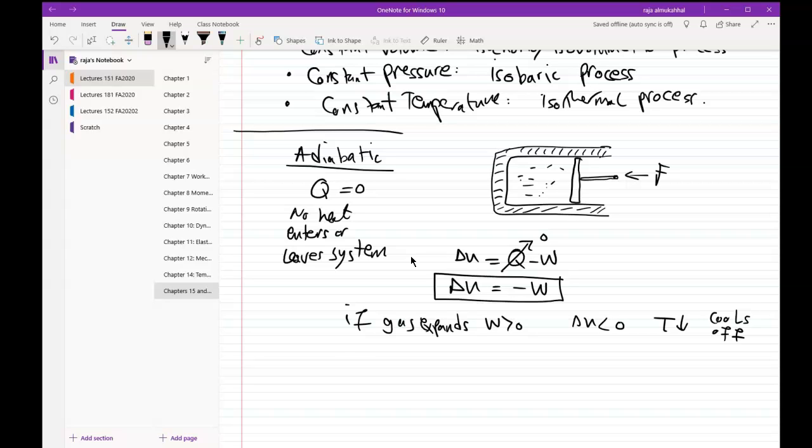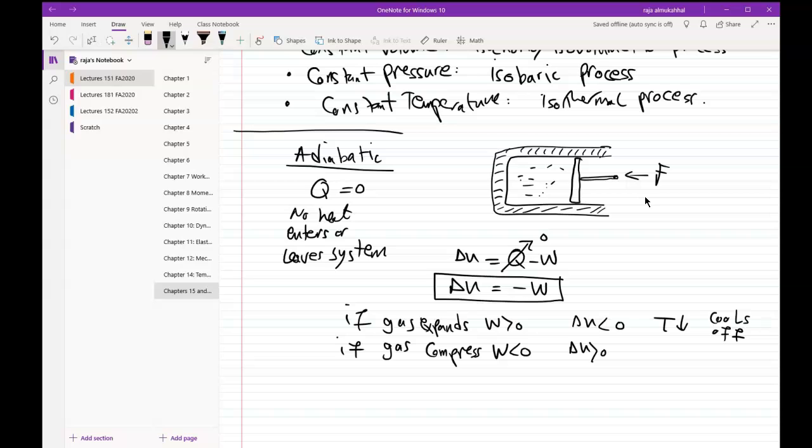Okay. Now, if the gas compresses, which means I'm going to take this piston and push it in, so I have done work that is negative, and as a result, delta U is positive.